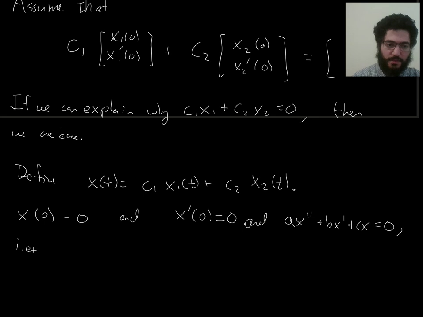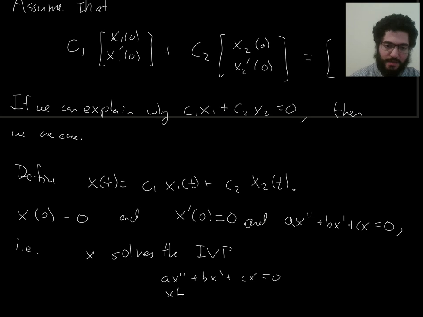So in other words, this combination of x1 and x2 solves the initial value problem, ax prime prime plus bx prime plus cx equals 0, with initial values x of 0 and x prime of 0 both set to 0.